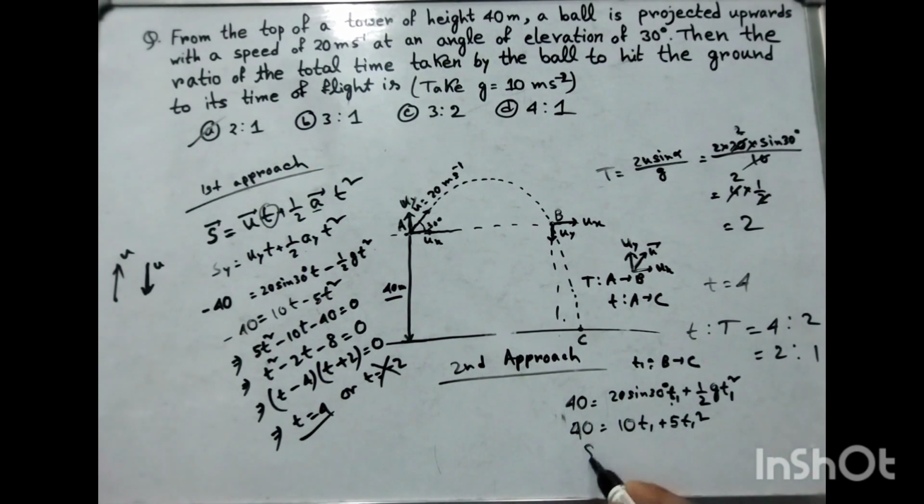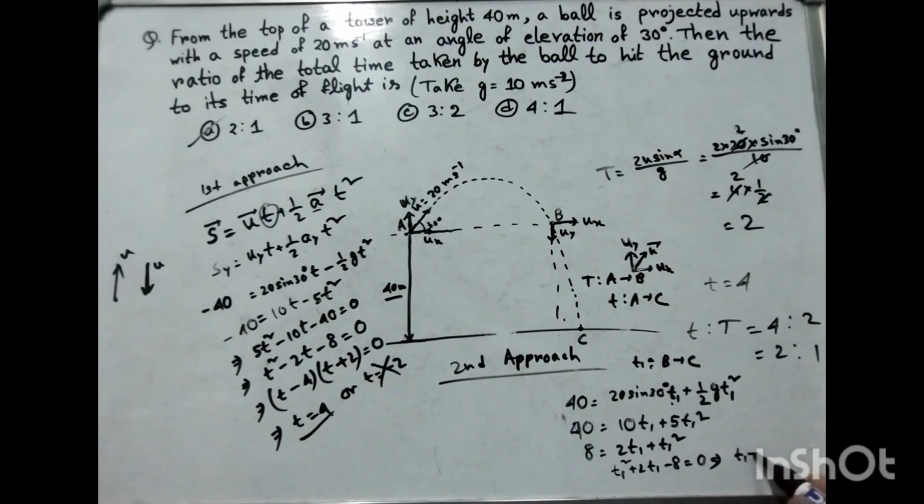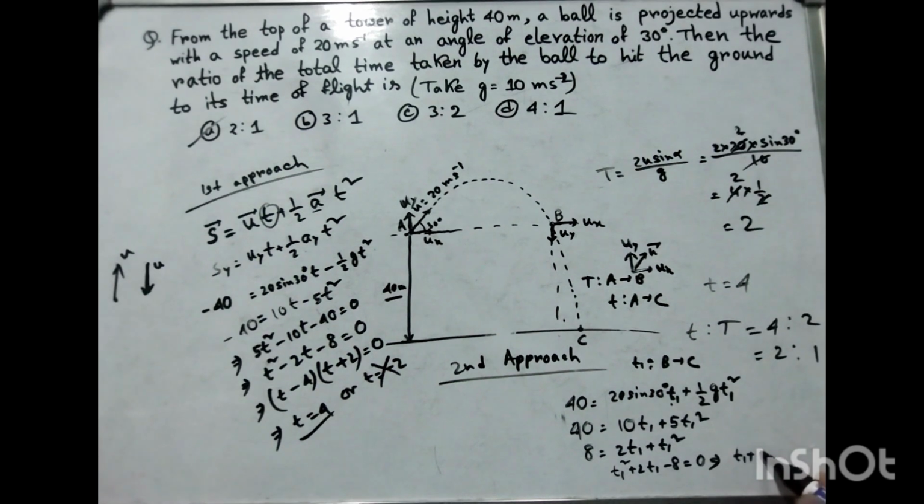Again if you divide all by 5, then it will be 8 equal to 2 t1 plus t1 square, and that will be t1 square plus 2 t1 minus 8 equal to 0. That means t1 plus 4 into t1 minus 2 equal to 0, and there you can say that t1 will be 2, because t1 cannot be minus 4.